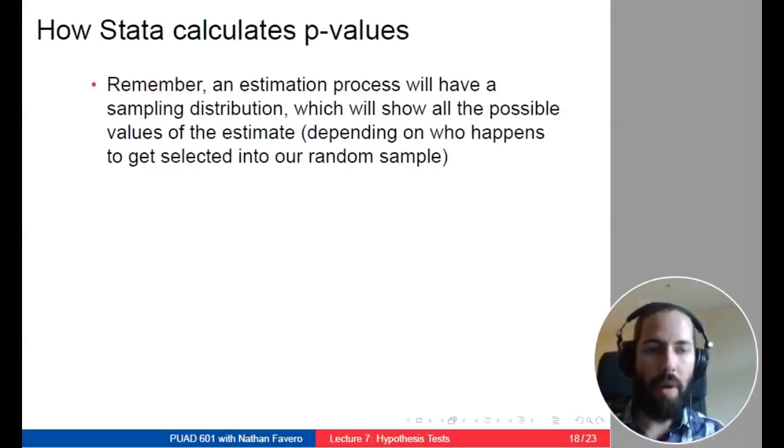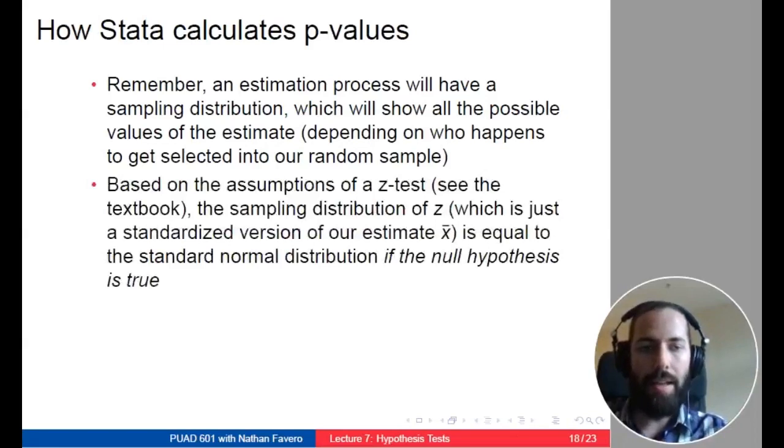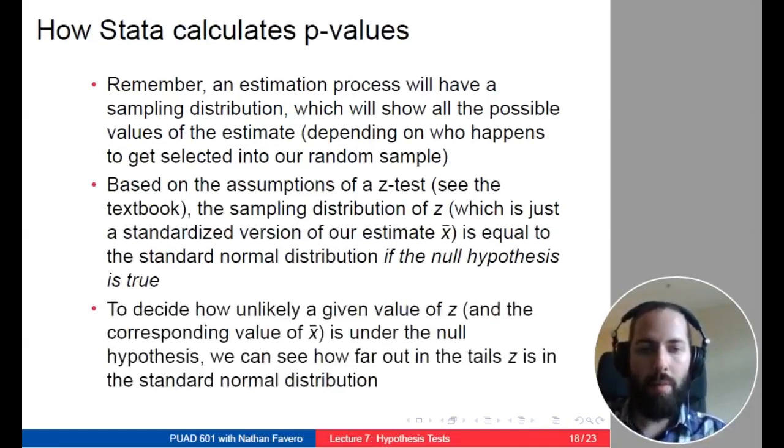In other words, a bunch of possible estimates that we could have gotten depending on who was drawn into our sample. And based on the assumptions of the z-test, we're going to say all the possible values that we could have gotten are going to follow a normal distribution.